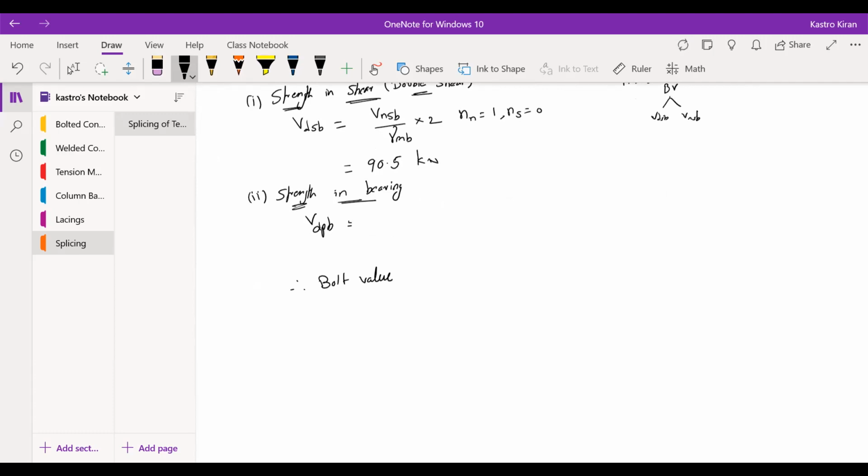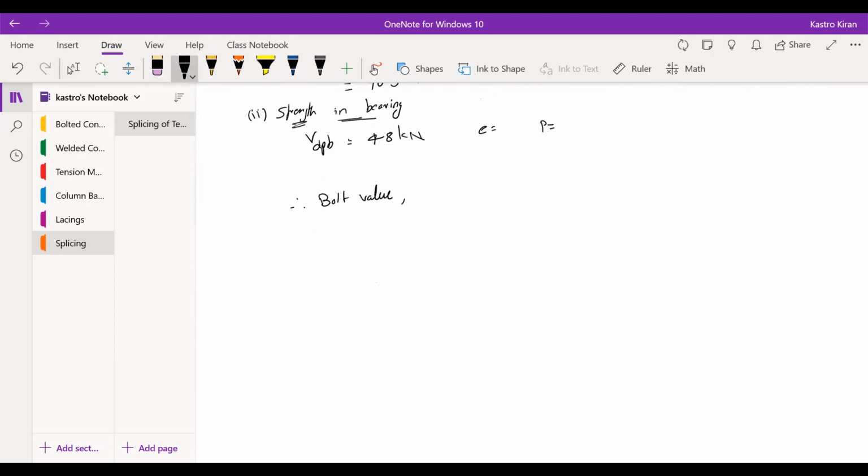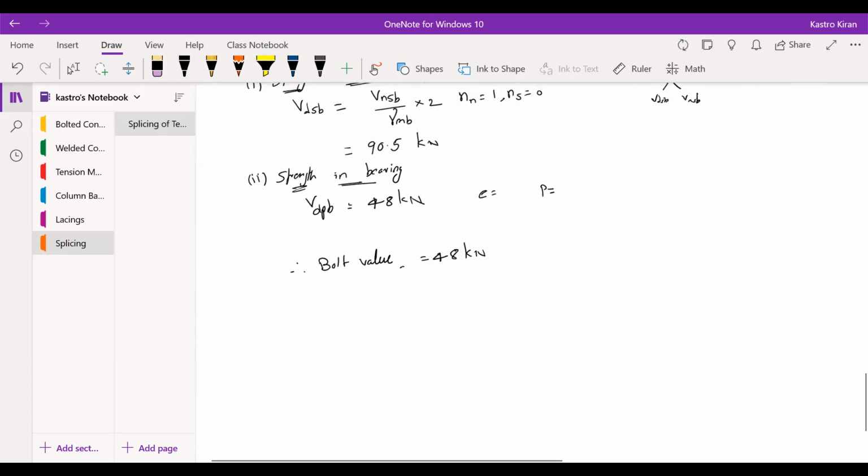VDSP you're going to get as 90.5 and VDPB as 48 kilonewtons. Assume edge distance and pitch distances as we assumed in the third step. So the bolt value equals 48 kilonewtons, the least of strength in shear and strength in bearing.